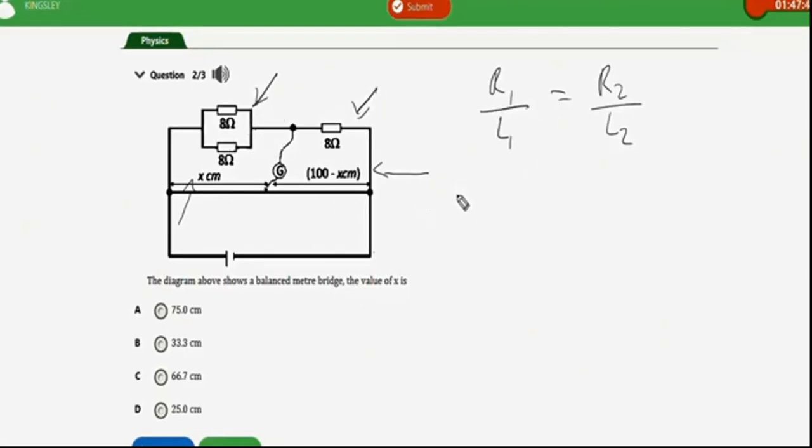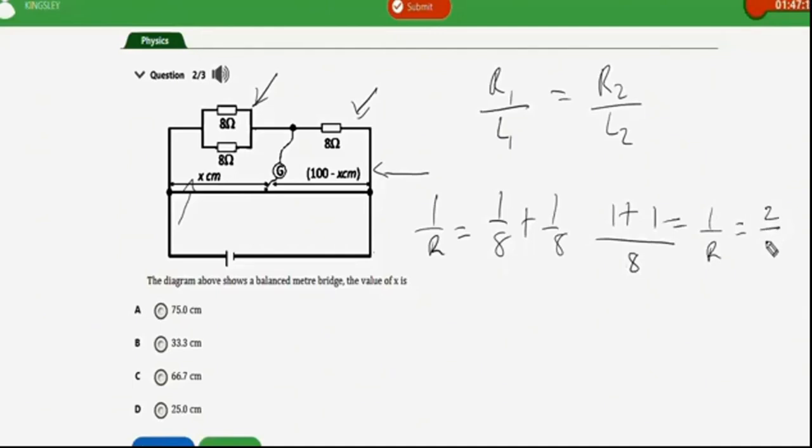So if you want to calculate the sum of resistors in parallel, this is the formula you use: 1 over R equals 1 over 8 plus 1 over 8. When you find the LCM, it is 8. So you're left with 1 over R equals 2 over 8.